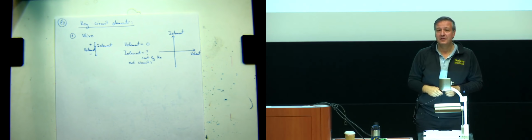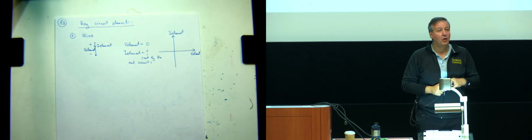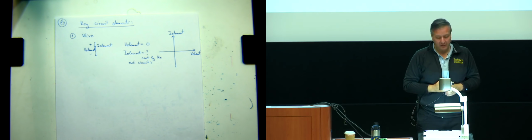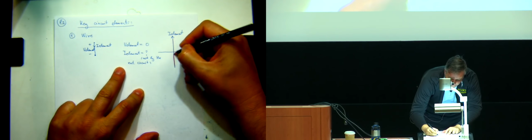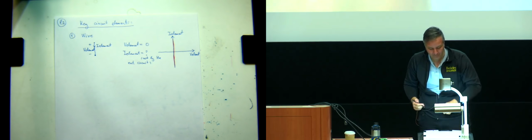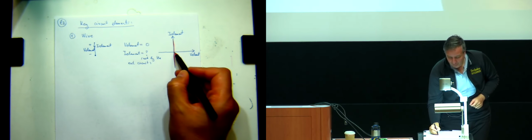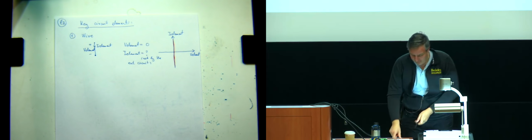Anyone in the back? Yes? On which axis? Okay, on the I element axis, that's right. So it's this line. Because V element equals 0, current can be anything. So that's really our y-axis.